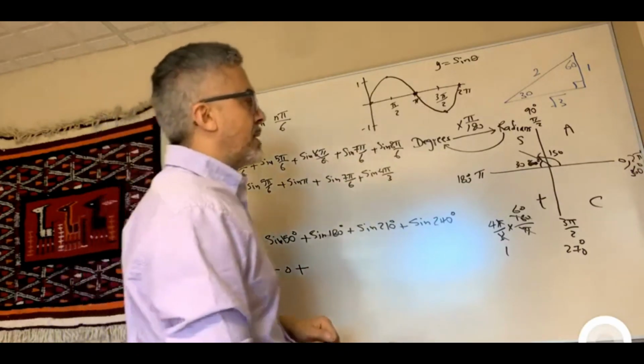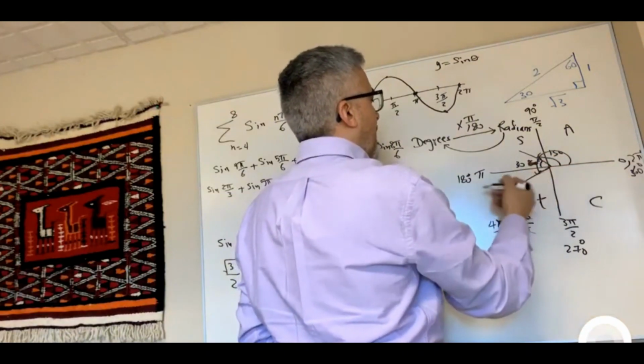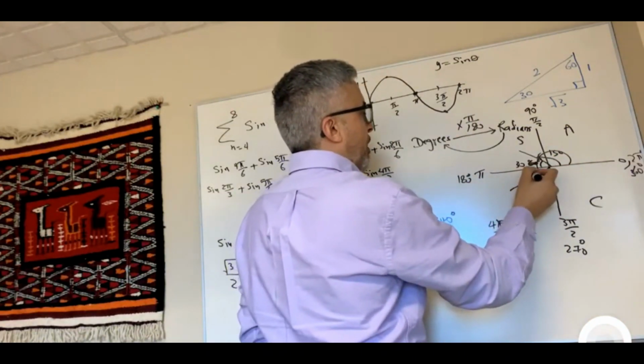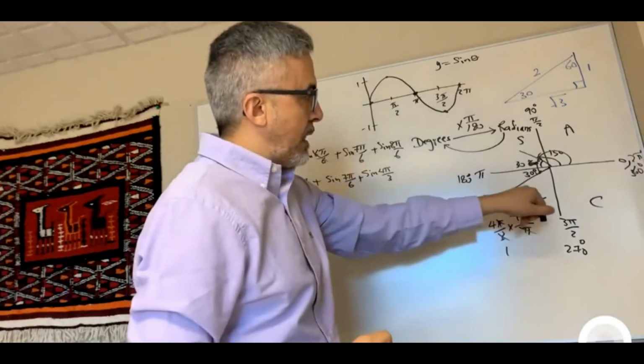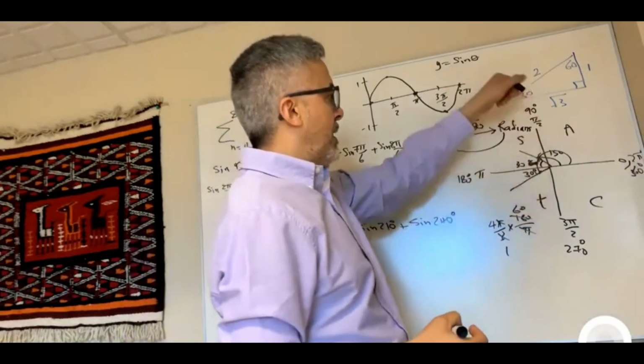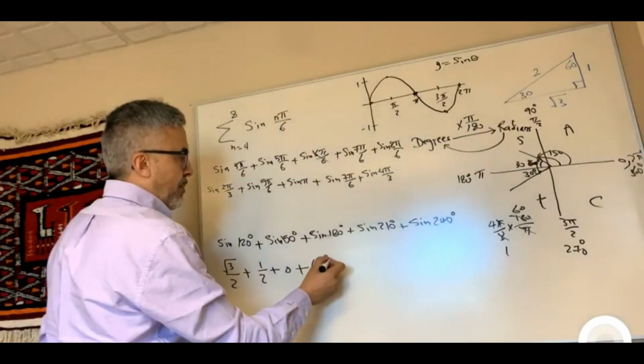Plus sine 210. 210 is right here. The reference angle is 210 minus 180, which gives you 30 degrees. Because only tan is positive here, sine is negative. Sine 30 is 1/2, except it's going to be negative 1/2.